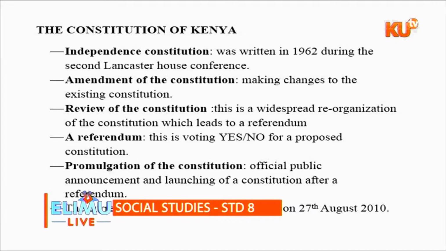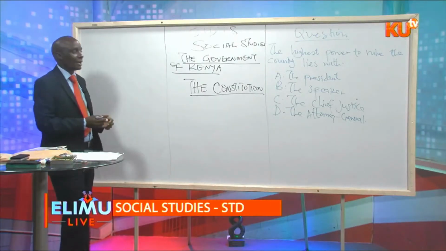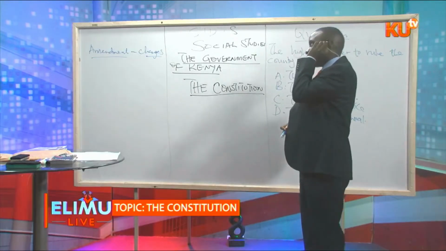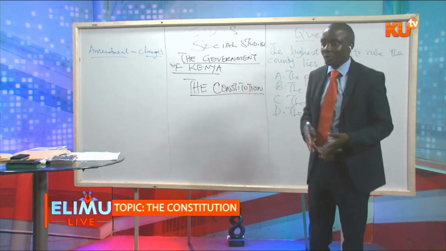Sometimes we cannot live with one constitution forever. That's why there are provisions in the constitution which talk about change or amendment. Parliament, which we are going to talk about, has the mandate of making changes in the current constitution.